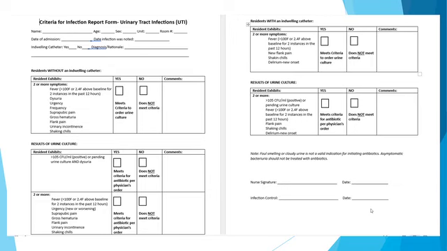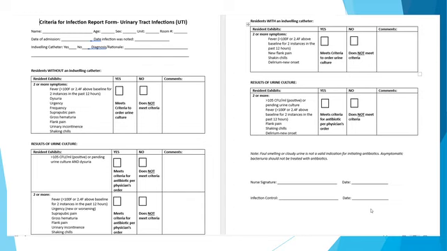There is a category for residents without an indwelling catheter, and then there's a category for residents with an indwelling catheter. Now, when you look at these categories, the box for residents without an indwelling catheter says that they have to have 2 or more symptoms to qualify to meet the criteria. So there's your fever, and it has to be above 100 degrees or 2.4 degrees above baseline for them.